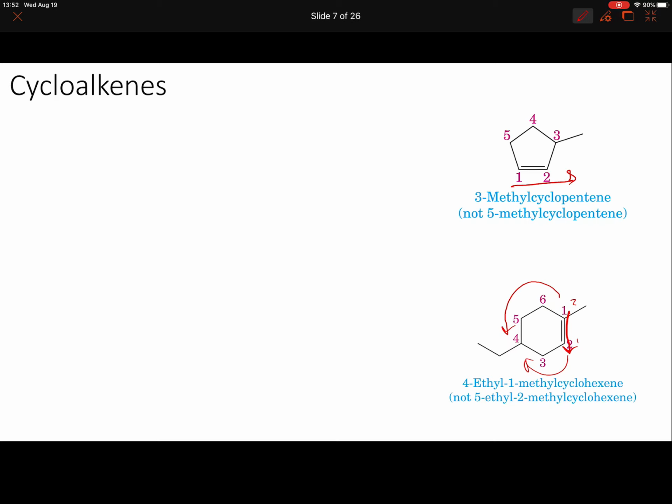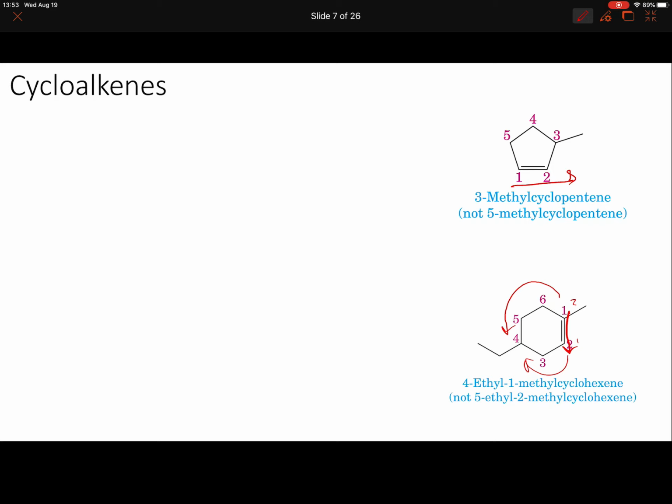The substituents get listed in their alphabetical order. You don't always have to explicitly say the number of a double bond in cycloalkenes because often it's always going to be on the number 1. So in these examples right here, you see that it doesn't say 3-methyl 1 cyclopentene, right?